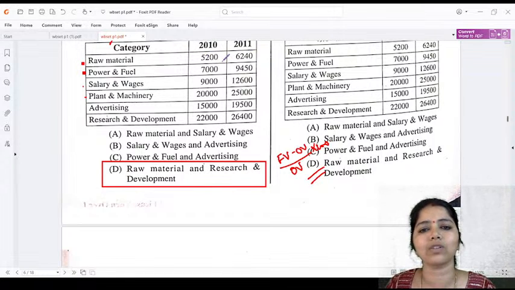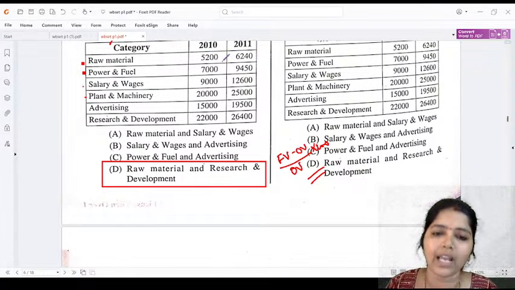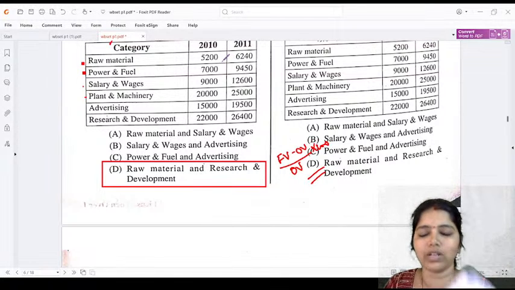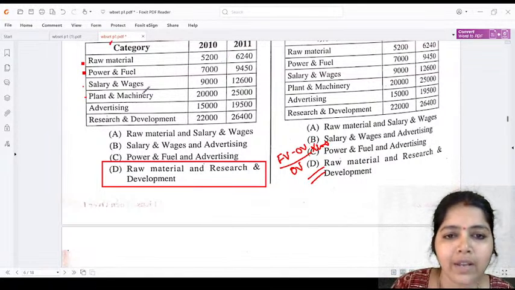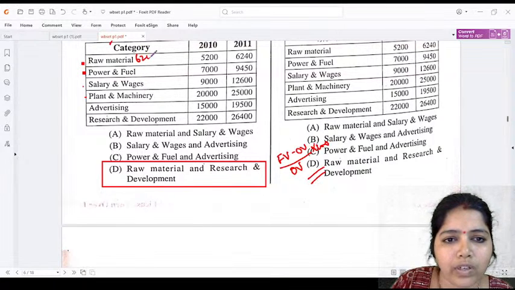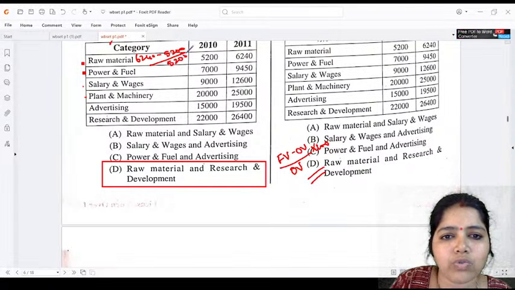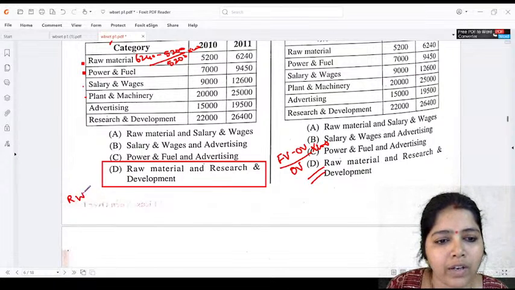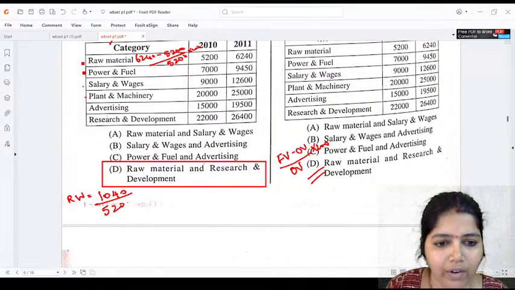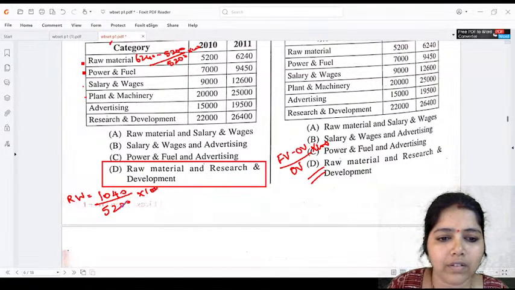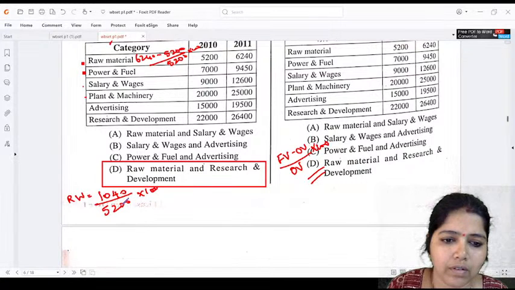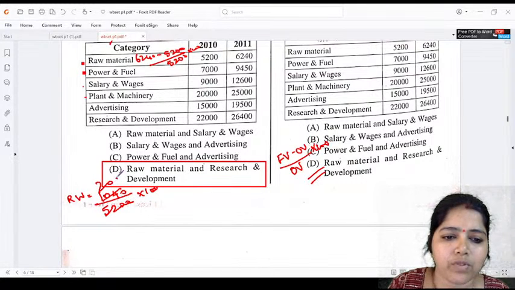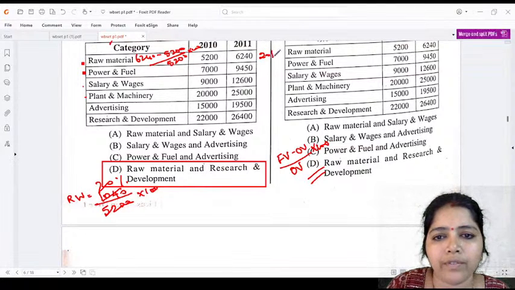So 6240 minus 5200 divided by 5200 into 100. For raw material, that is 1040 divided by 5200 into 100. So this goes 20 times, so this is 20%.